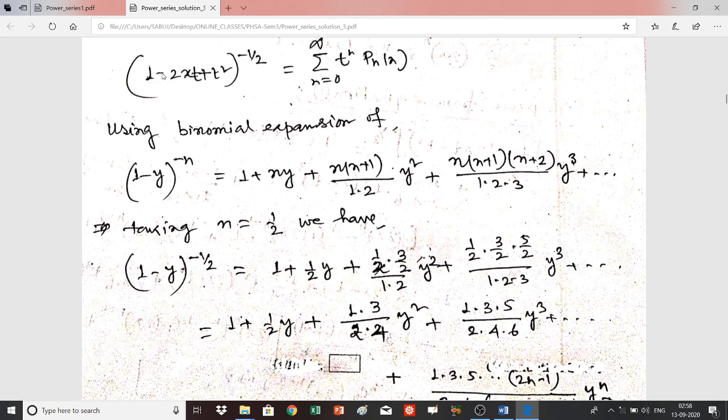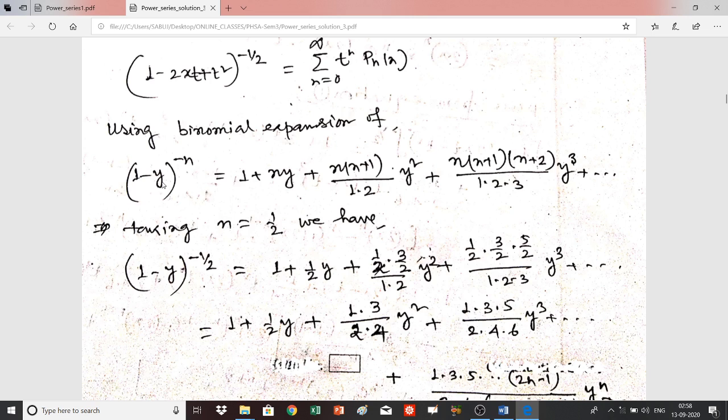Because if you take minus as the common term, then the rest will be 2xt minus t square. So y can be compared with these terms, and here the power is minus n, so if you compare these two terms, you will have n is equal to half.